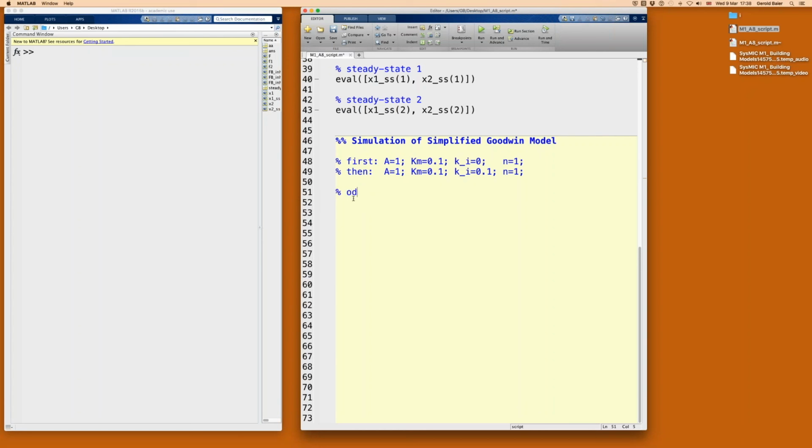So we're going to use ODE45 to simulate our model, and that expects a function, let's say f, that needs to take t and x, sorry, my mistake, and it will return dx, so dx by dt.